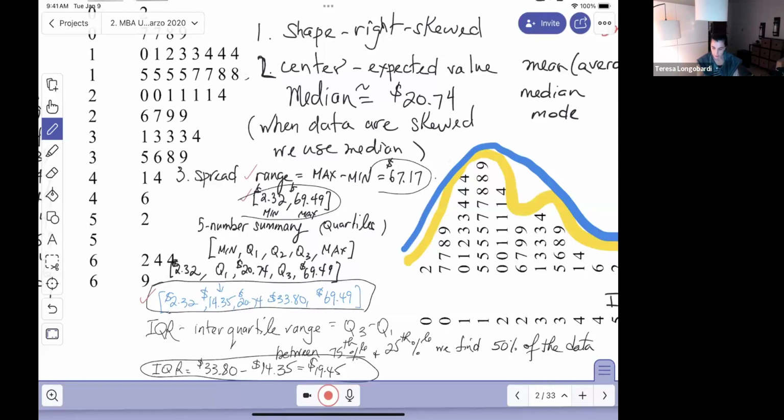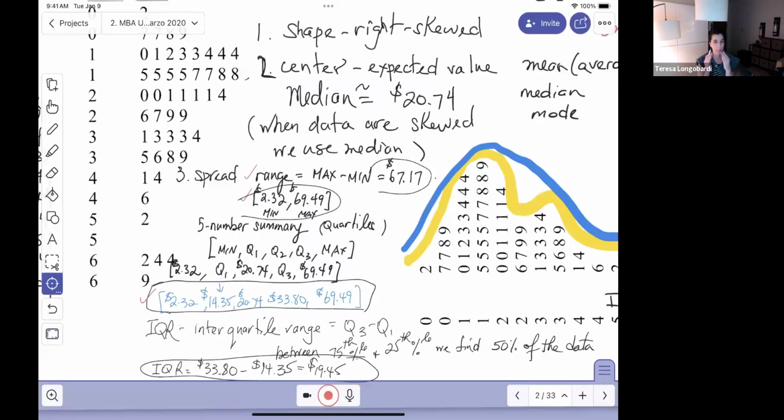Okay, so the median is 20 something, 20.74. The middle 50 is 20, but yet at the beginning, from the middle to the minimum value are 20, but then from the middle to the extreme value is 60.